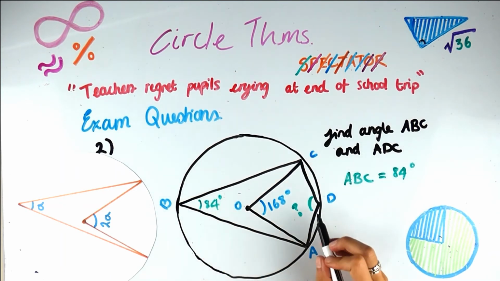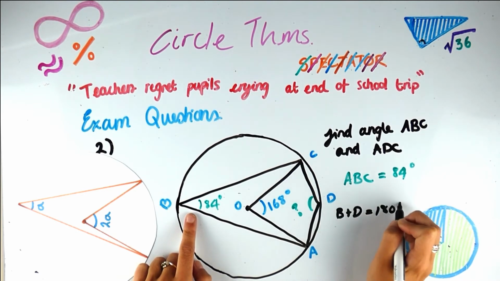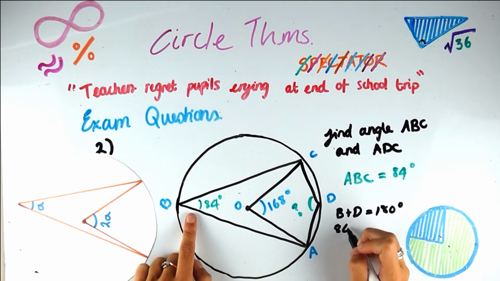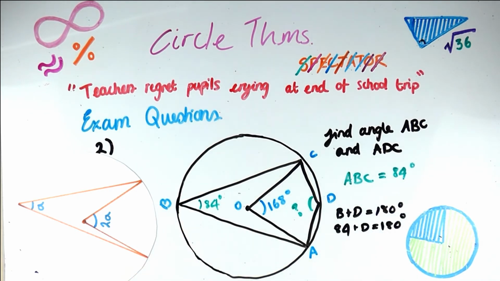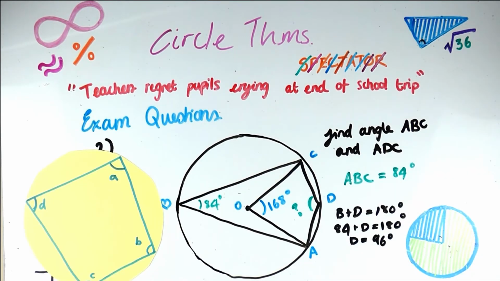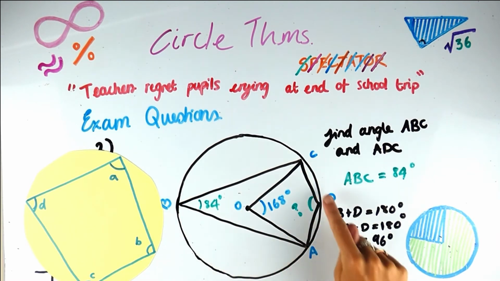So we know that the opposite angles B and D equal 180, and we know B now, 84 plus D equals 180. So D is 180 minus 84, which is 96 degrees. So that way was using the circle theorem that the opposite angles in a cyclic quadrilateral add up to 180, and if we got rid of this inner bit here, it would look like that. B and D are opposite, so they add up to 180.